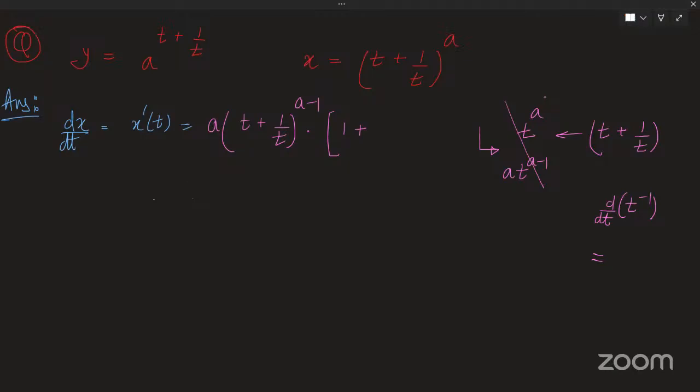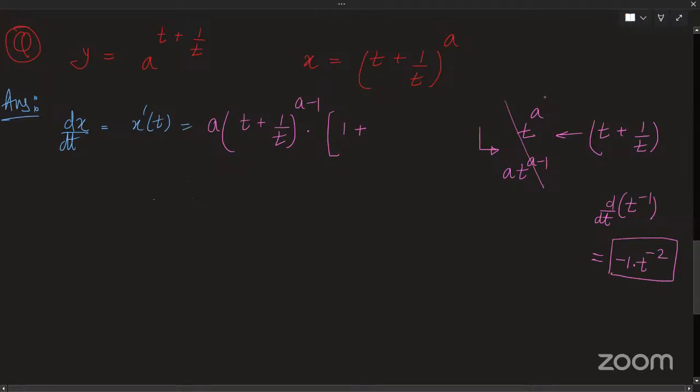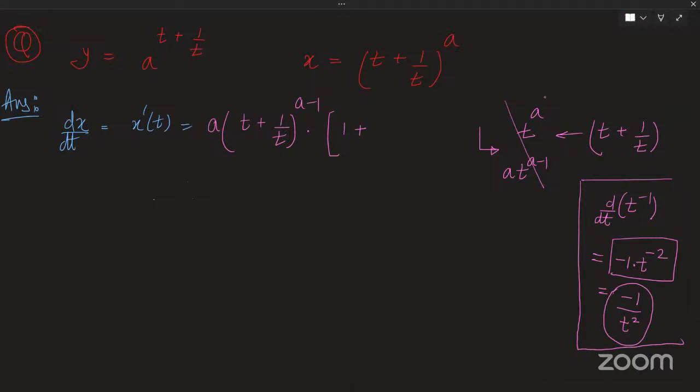Minus 1 is also a constant, right? Minus 1 into t raised to minus 2. So this can be written as minus 1 by t square. Do you agree? So 1 plus minus 1 by t square.